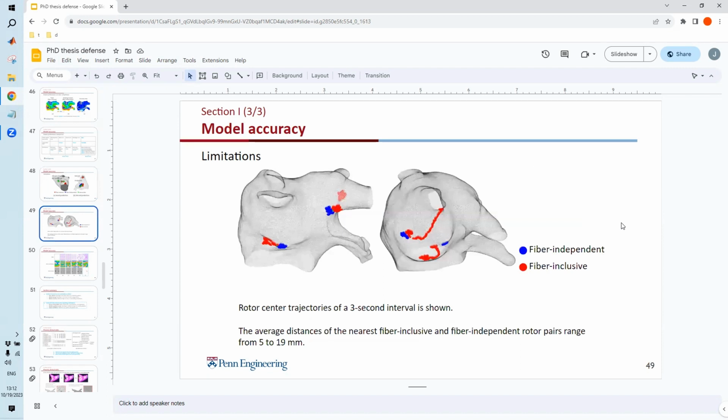Yes. Even for this, let me continue a little. You see a large error for rotor meandering, but here we simulate 3 seconds of rotors, which rarely happens clinically. Rotors are a debatable concept in arrhythmia ablation.